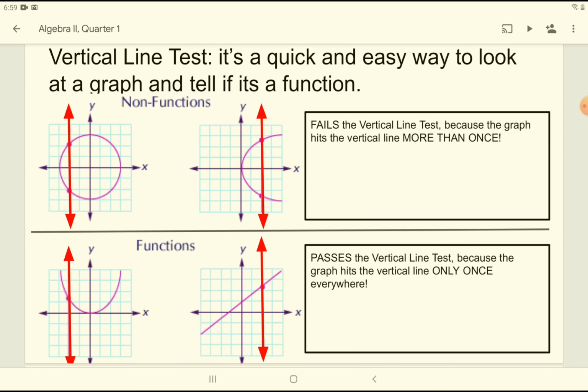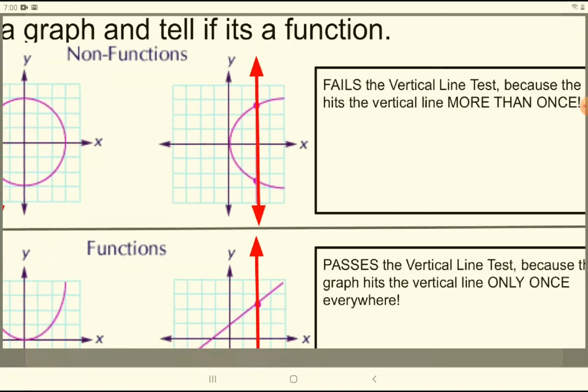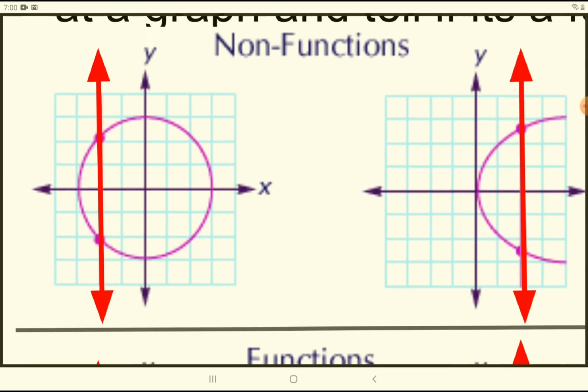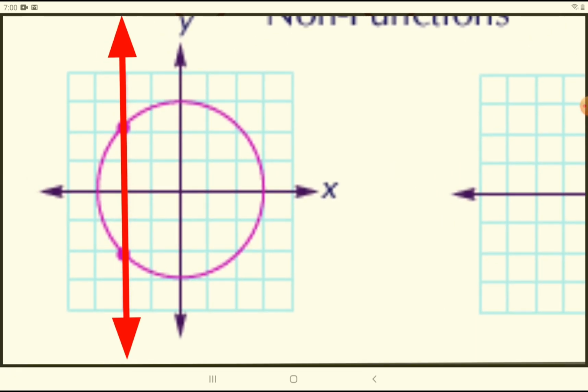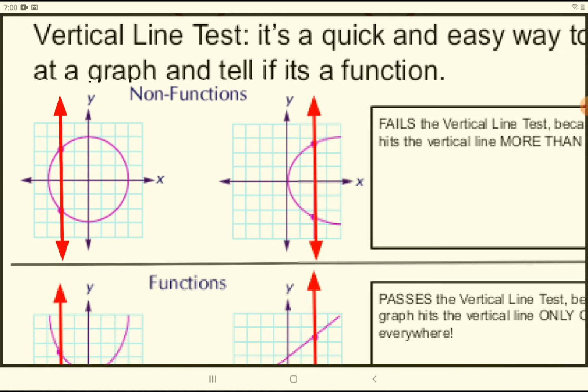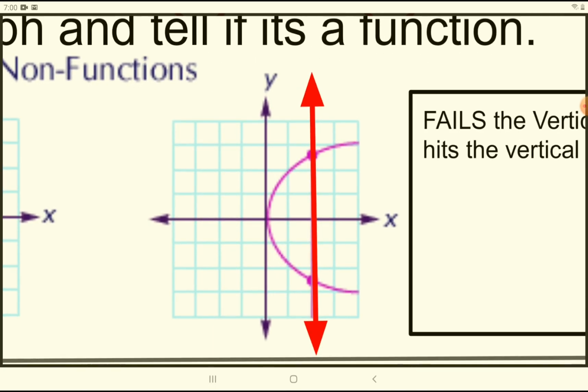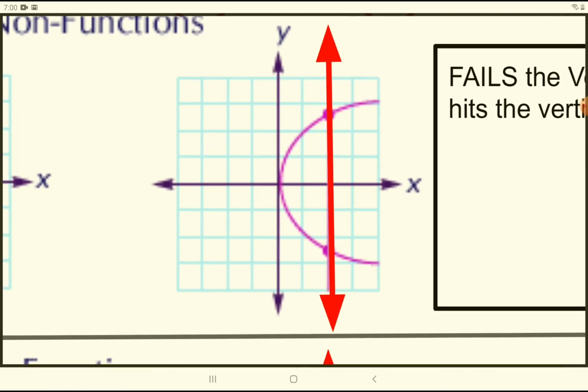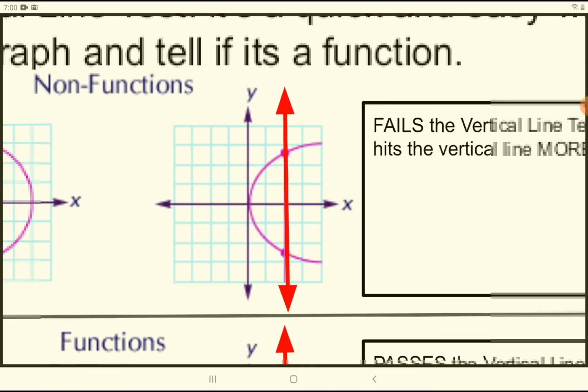These 2 graphs at the top fail the vertical line test because that red line, that's a vertical line, hits the graph more than once. Notice how the circle hits that red line twice. Twice. It should only be once. Same thing here. The graph hits that red line twice, and it only needs to be once.